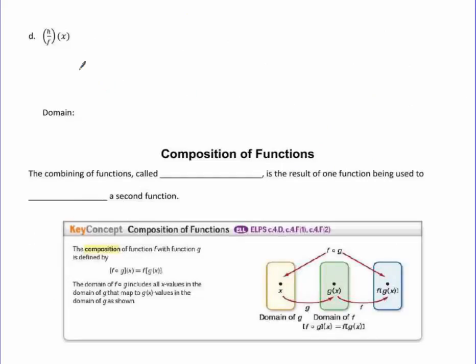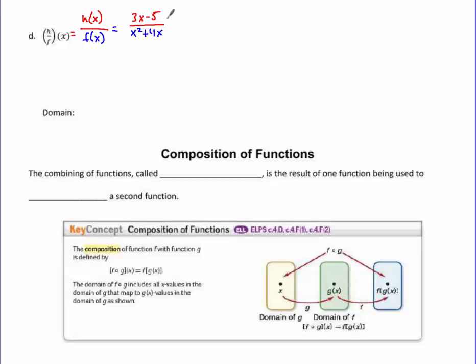All right, so now we're going to do the quotient. The quotient's a little bit different in that we can't have any zeros on the bottom, but we're going to do h of x divided by f of x. So that equals 3x minus 5 divided by x squared plus 4x.